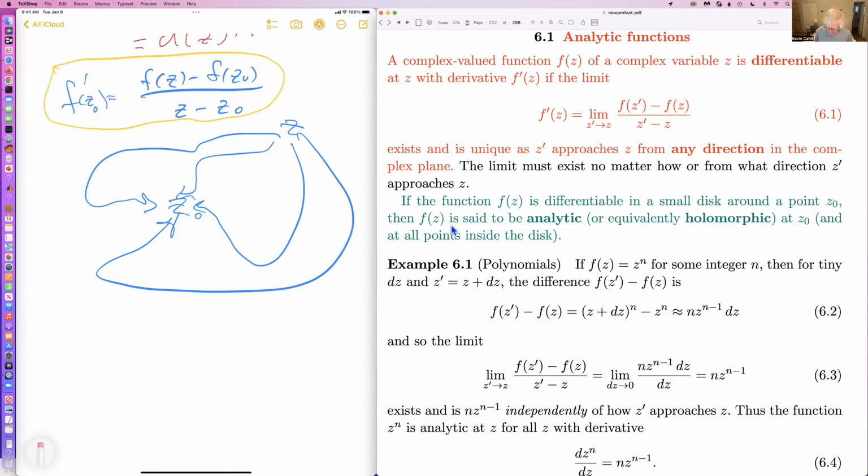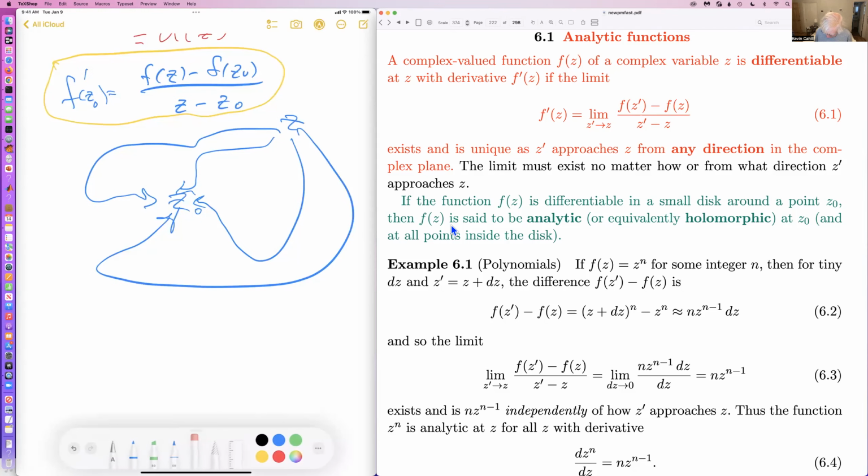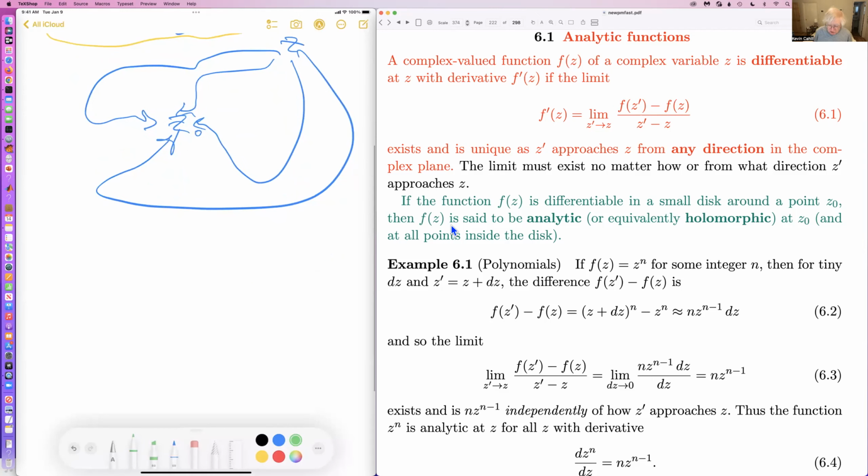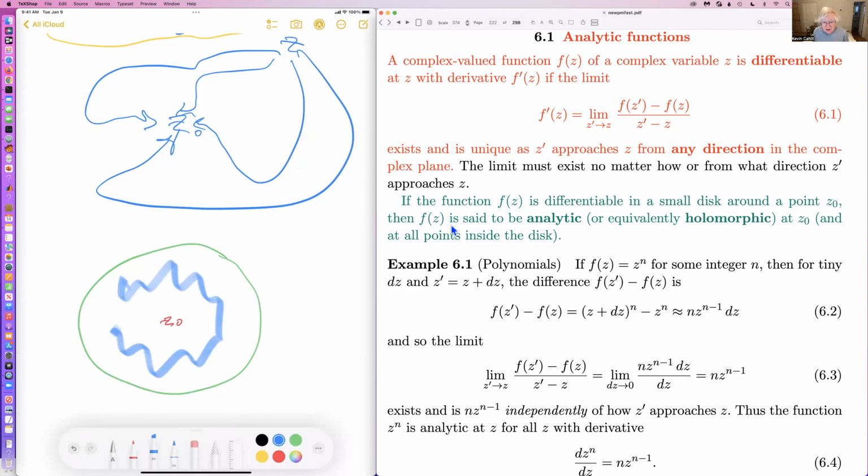Now, if the function is, let us say, differentiable in a region about some point z0, so it's differentiable throughout this whole region, then a small disk about z0, then it's said to be analytic.